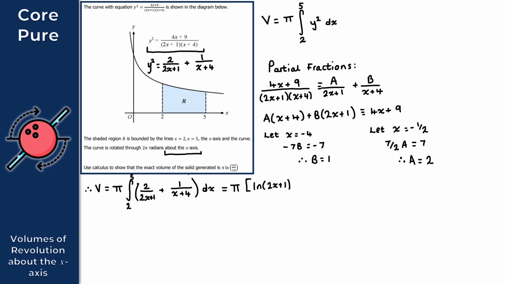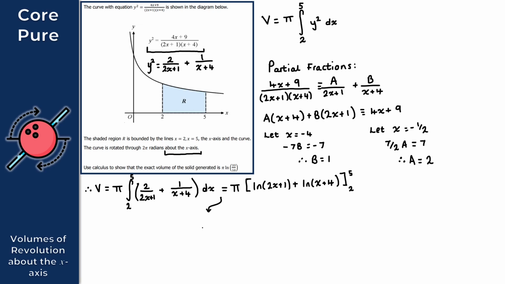Same again then here for this fraction, I'm going to get ln of x plus 4. So plus ln of x plus 4, like so. And we go from 2 to 5 here.